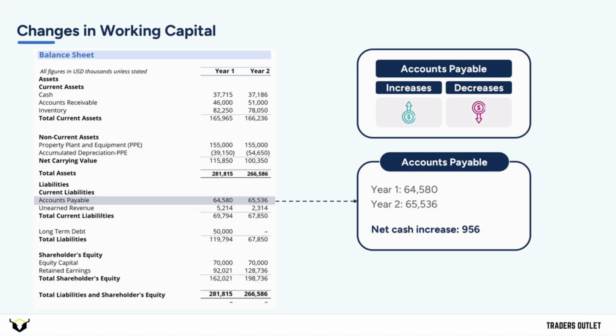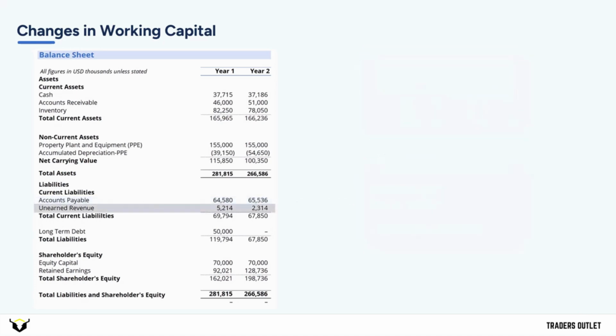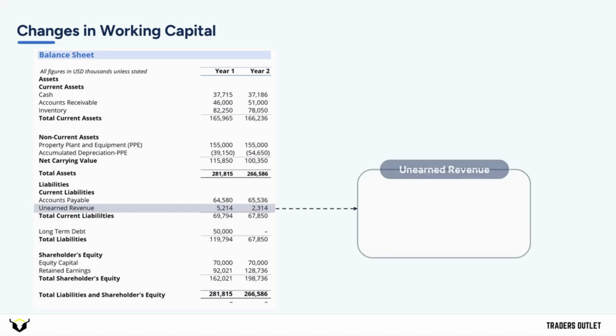With unearned revenue, it's going to work very similarly to accounts payable. Remember that unearned revenue, sometimes called deferred revenue, is recorded when a company receives cash in advance of providing the service or selling the good. As a liability, it works the same as we saw for accounts payable. So if unearned revenue decreases, as is the case here, it indicates less cash received in advance and is therefore shown as a net cash decrease of $2,900.